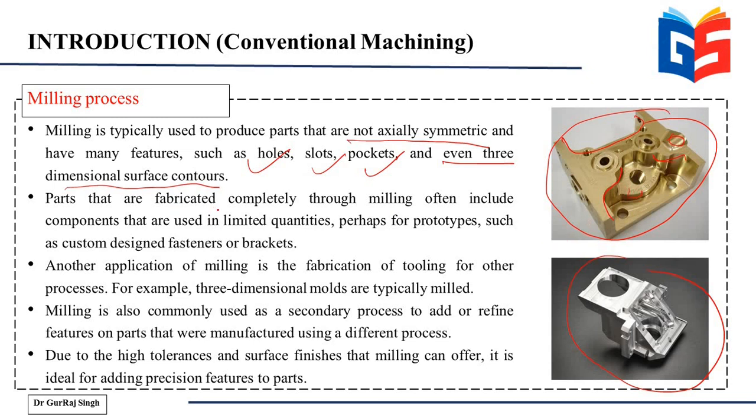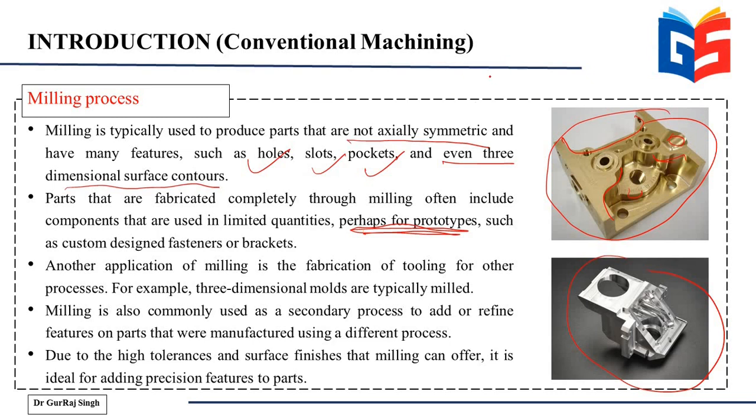And the parts that are fabricated completely through milling often include components that are used in limited quantities, perhaps for prototypes. So the milling process can be used for manufacturing prototypes that can later be used for making patterns in casting. So a pattern is normally a prototype.